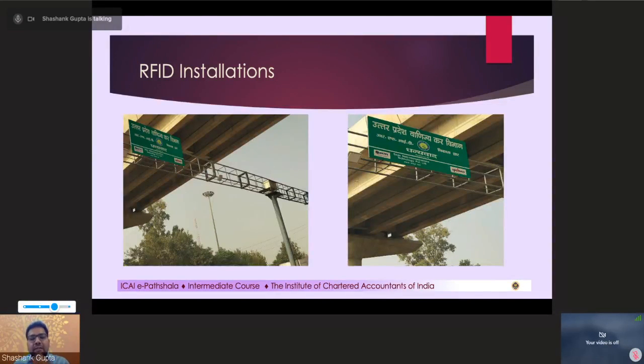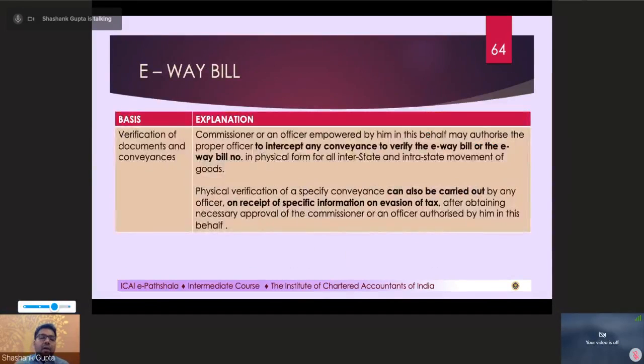This means that on the route from Delhi to Kolkata, the vehicle must have passed through these RFID gates, and hence there will be a time log in accordance with the e-way bill of the vehicle actually passing through those RFID gates. And hence, automatically, the sanctity of the transaction will be verified.